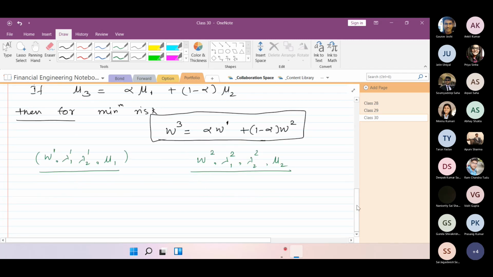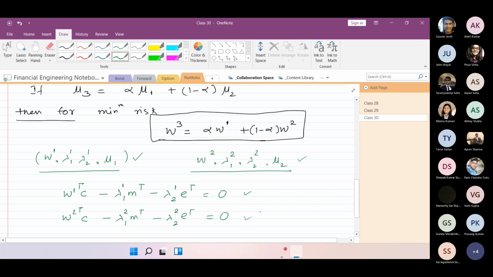So for the first equation, this should satisfy equation 1, and this should also satisfy equation 1.